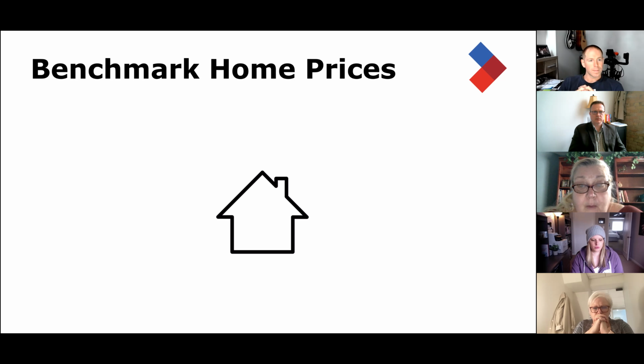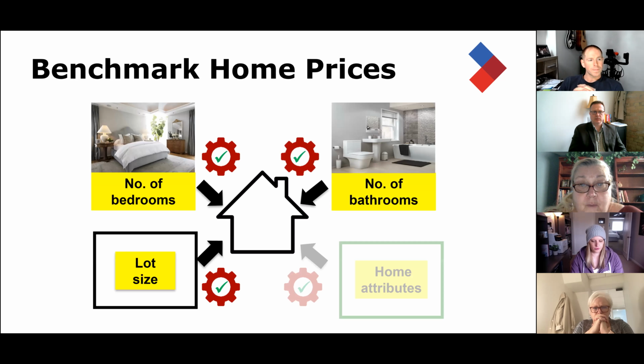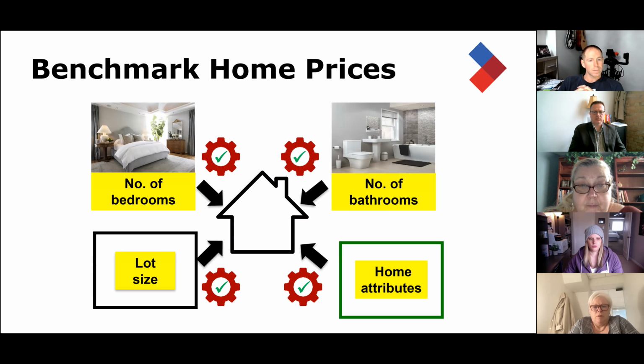So it takes all of this data to define what we call a benchmark home as the baseline for its price models, which you can think of as a sort of virtual representation of what a typical middle-of-the-road home would look like for a particular property type in a particular neighborhood. And we'll get a little more into the specifics of benchmark homes later on.